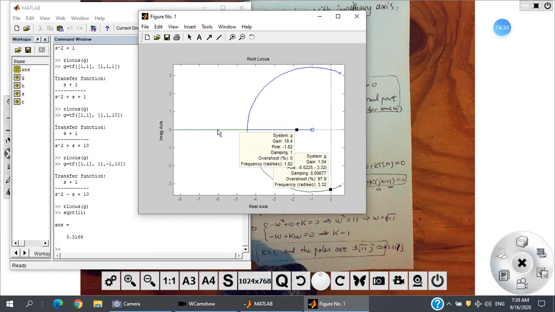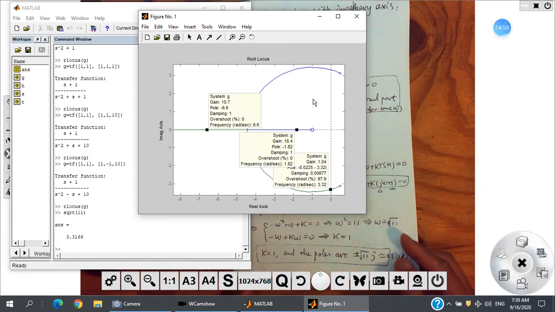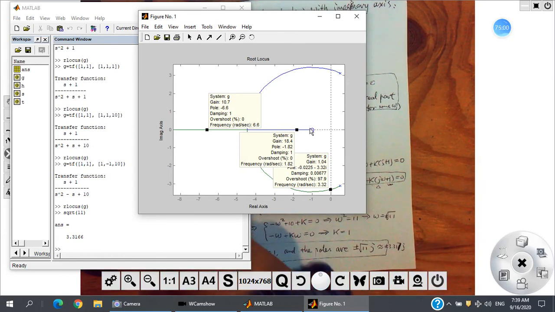You can also choose K from this branch. K is here 7.38. Yeah, you can choose K on this side, and then you can have the poles of the whole system, right? Okay, so this is the intersection of the root locus with the imaginary axis.